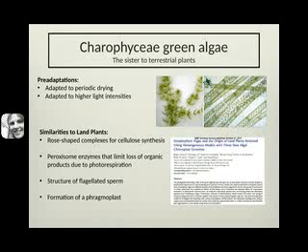But whatever the case, that's still kind of an ongoing question. Whatever the case, we know that there had to be some pre-adaptation to life on land. So those pre-adaptations may have included adaptation to periodic drying.